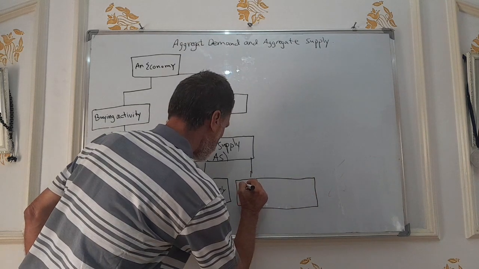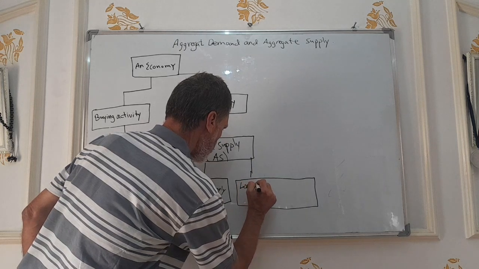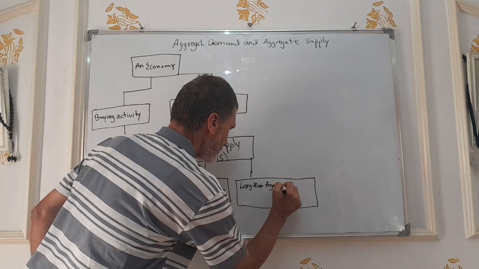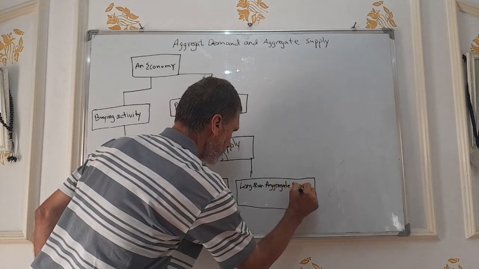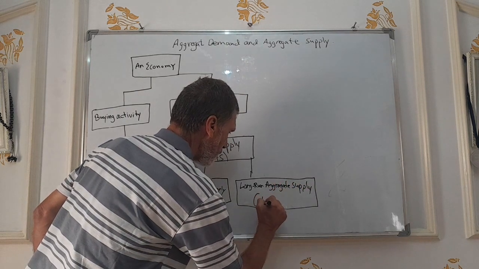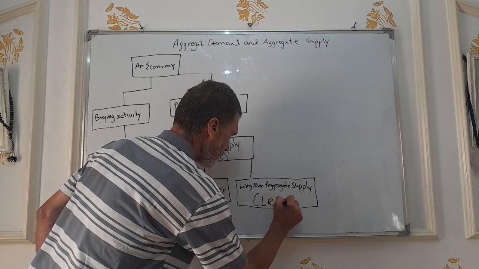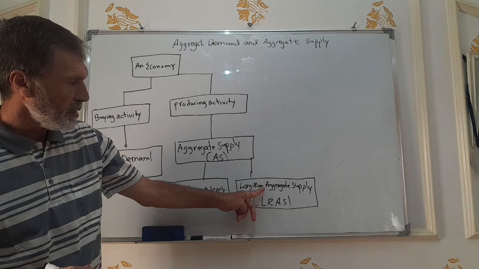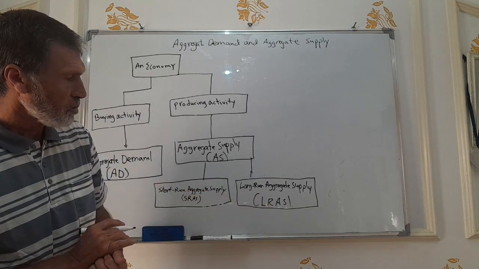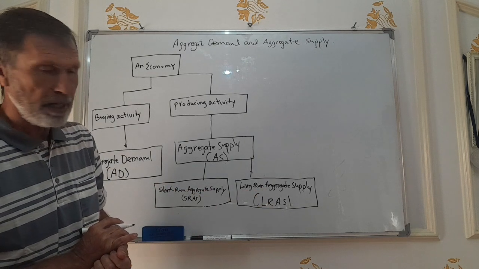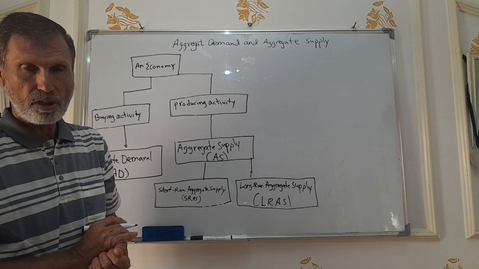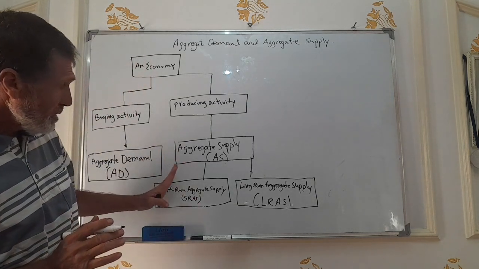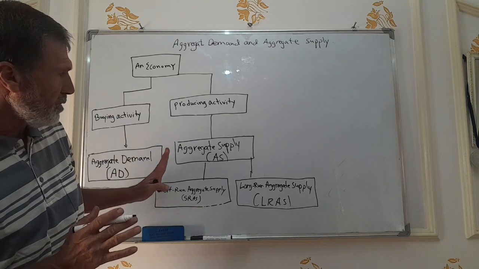The shortcut for it is LRS, which stands for long run aggregate supply. Therefore, these are the activities of the economy.